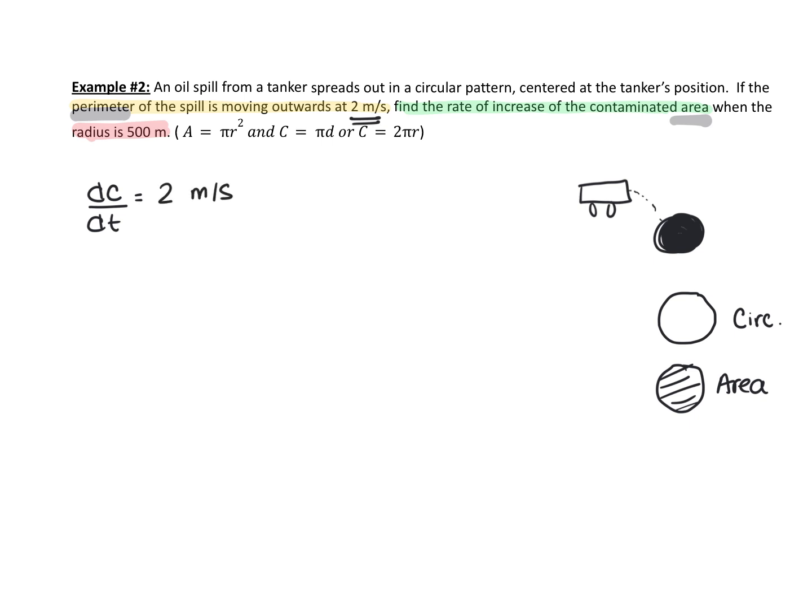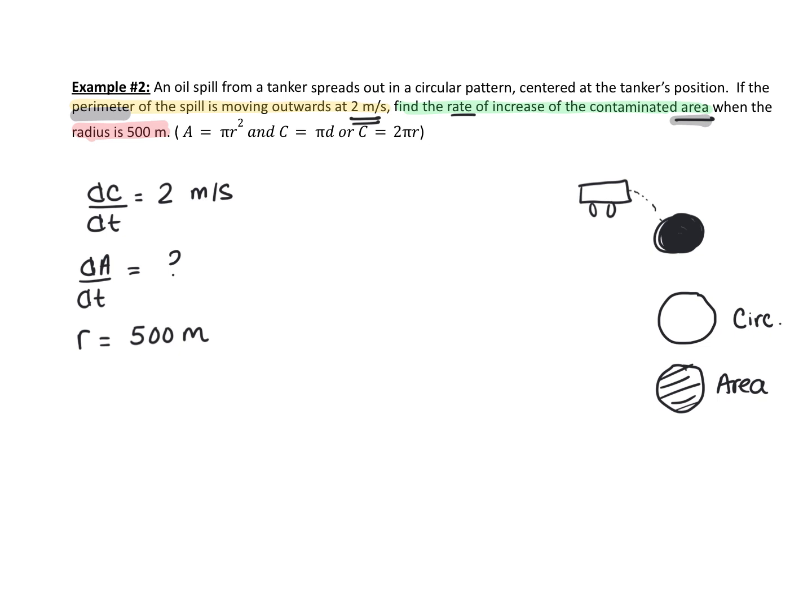It says find the rate of increase of the contaminated area. So I want to find the rate at which the area is increasing. That's dA/dt. So find this when the radius r is exactly 500 meters. All I did was pull out the information and write it here.